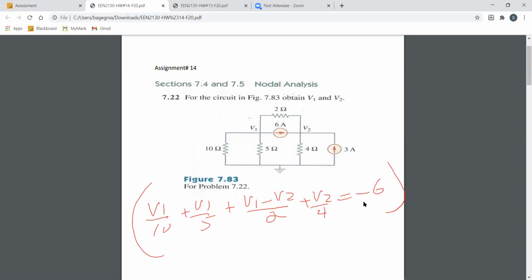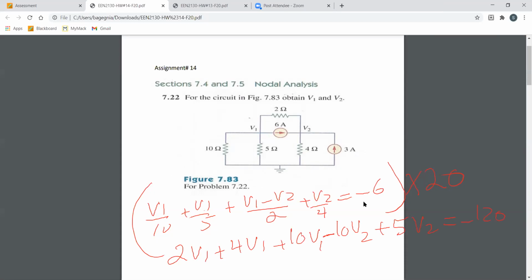Again, we want to get rid of the denominator, so we multiply by 20. 20 divided by 10 is 2, so 2V1, and 20 divided by 5 is 4, so 4V1. 20 divided by 2 is 10, so 10 V1 minus 10 V2, plus 20 over 4 is 5, so it will be 5 V2, equal to negative 120.